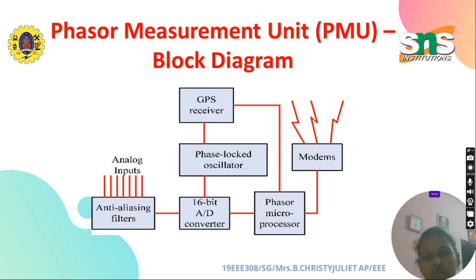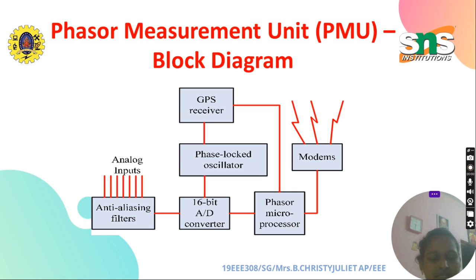Now let's see the block diagram for a PMU. A PMU has a GPS receiver, because a PMU is not installed at one particular point, it is installed throughout the network. So we need GPS receivers to track the information from every nodal point.